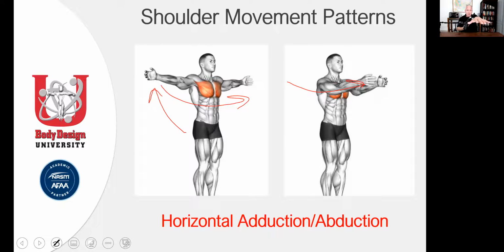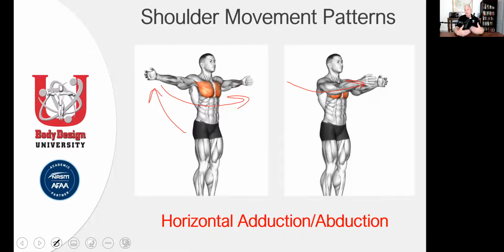Now it moves towards the midline. That has to be called adduction. So we just say horizontal. My arms are horizontal; now they are adducted, and now they are abducted. And that's basically what this slide is showing you: horizontal adduction, horizontal abduction.